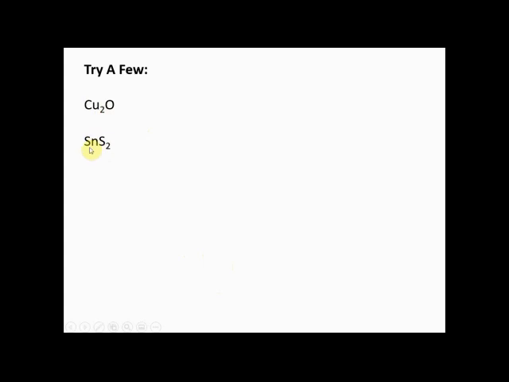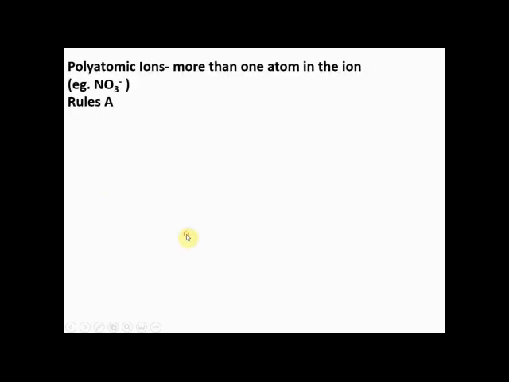SnS2, this is tin(IV), which is the higher oxidation number, and so this is going to be stannic sulfide. And mercury(I) chloride would be mercurous chloride. Also, sometimes it's used as mercurous chloride. Mercury was one of the first to switch over from the Latin.